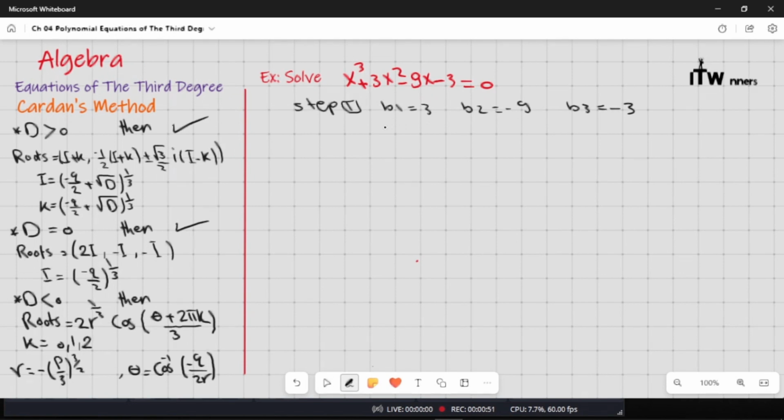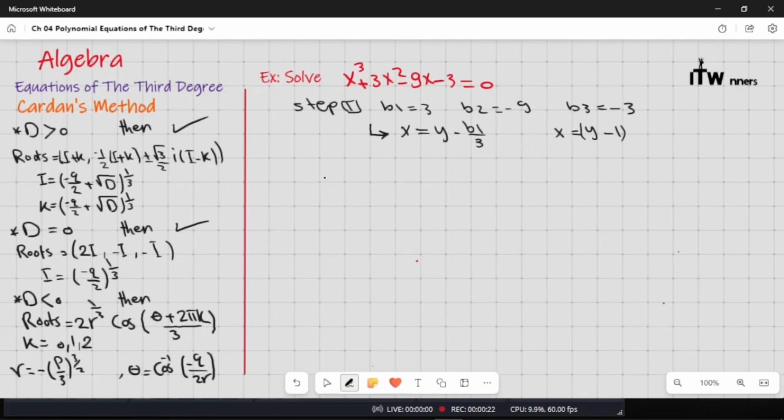Okay, so let's transform this equation to another form of third degree equation by putting x equal to y minus b1 by 3. Okay, so we have here x equal to y minus 1.